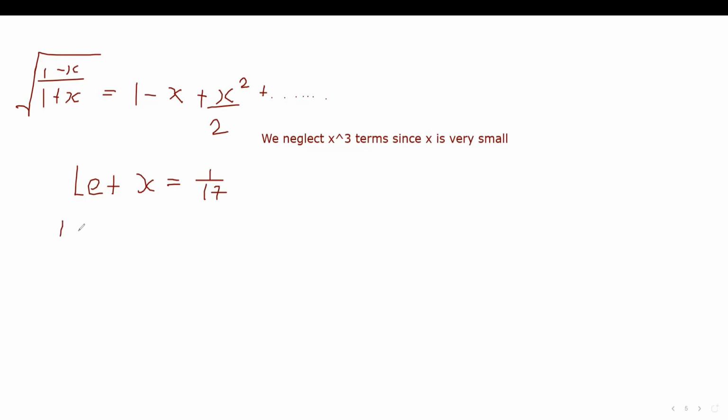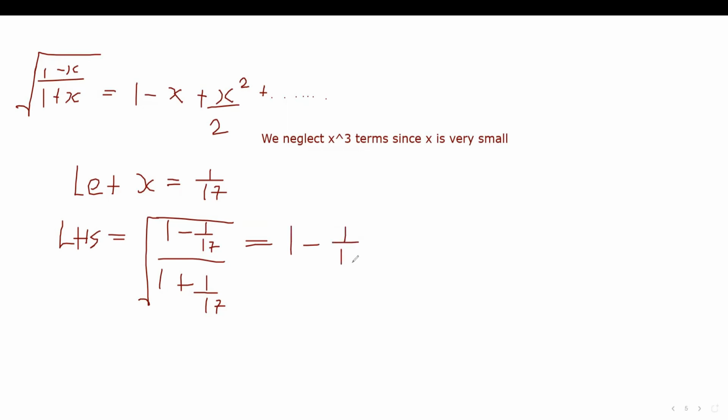Our left-hand side is going to be 1 minus 1 over 17, over 1 plus 1 over 17, all square rooted. This is then equal to 1 minus 1 over 17 plus 1 over 17 squared over 2.